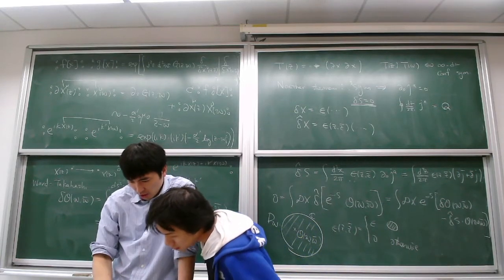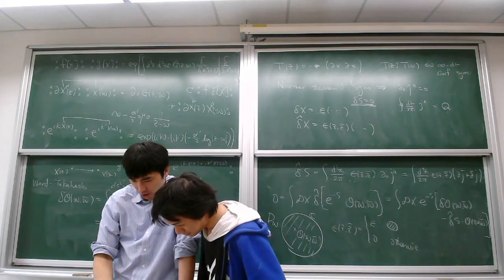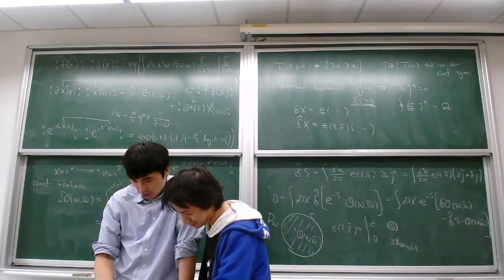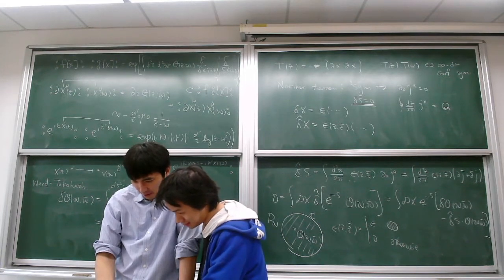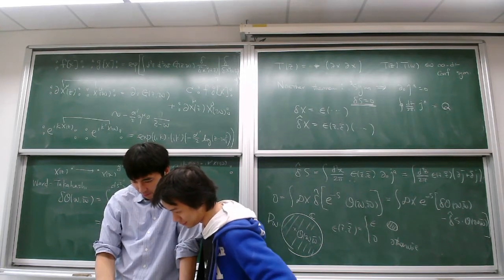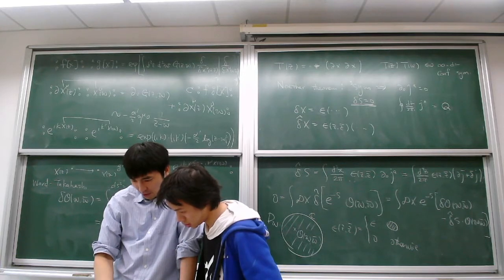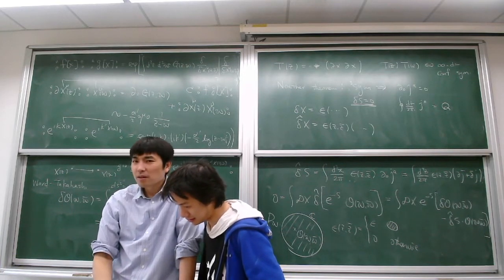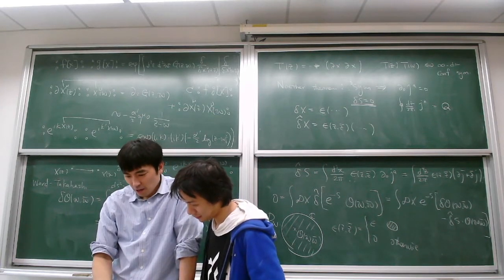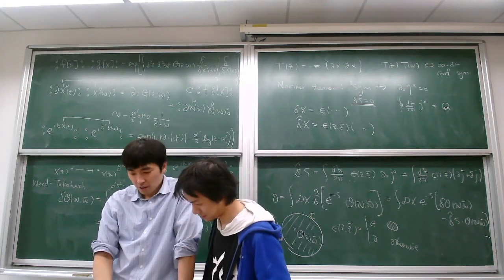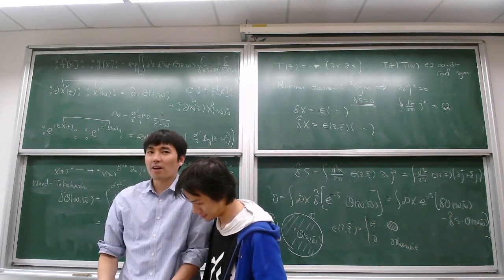So what should I write? Basically, the first is to ask whether it's viewable or not, and the second is what's the problem, and you have to give some suggestion. What's the problem of this project, and you have to give a suggestion how to fix it.